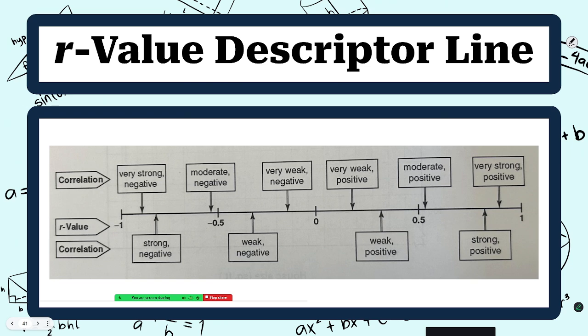If your R value is in the positives, close to 0, it'll be a very weak positive correlation. And then as we move from the middle out towards our sides, we have +1 on the right of the number line and -1 on the left. The closer you are to that +1 or that -1, whether positive or negative, the stronger the correlation.